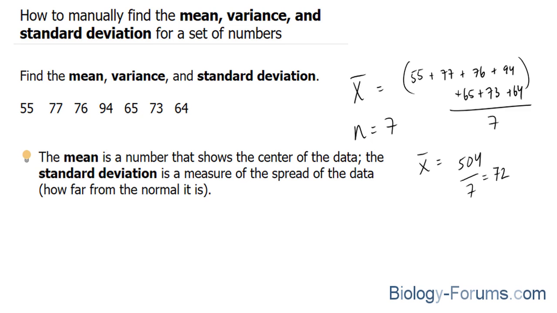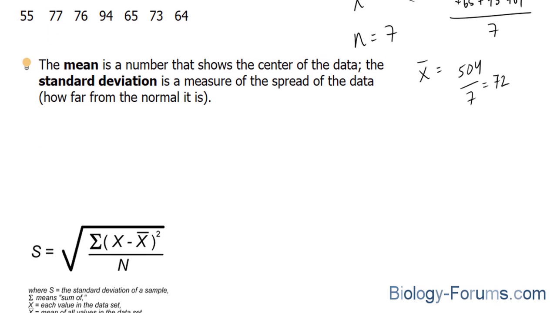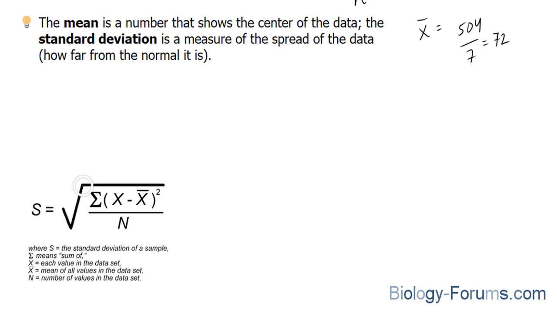To find the standard deviation, you need to have this formula here, and the formula will be used to first find the variance. Here's what this formula is telling us.